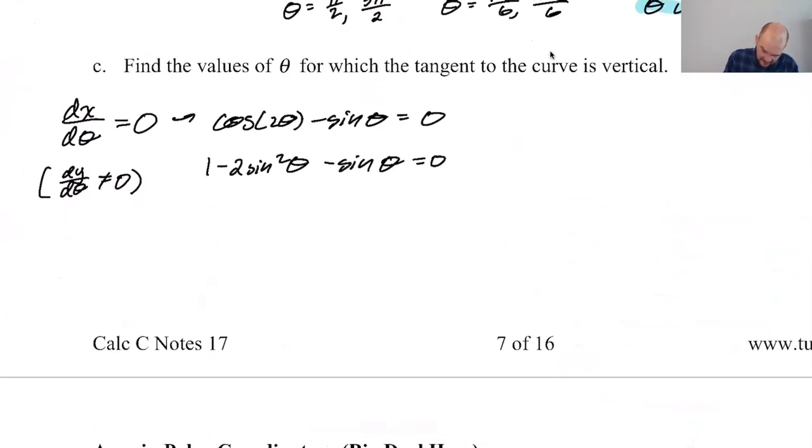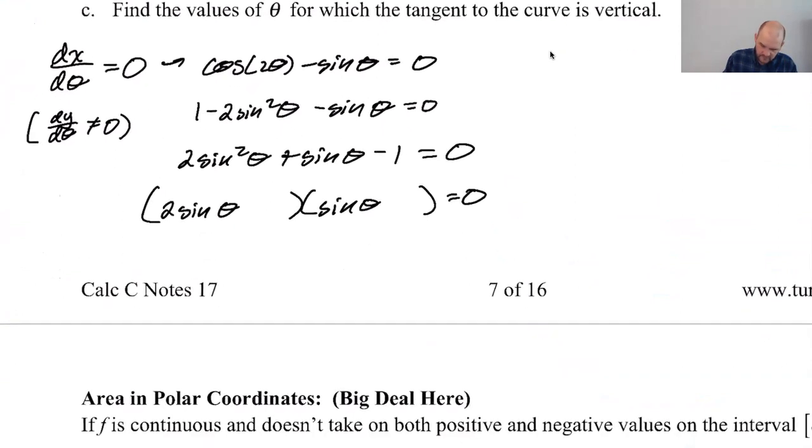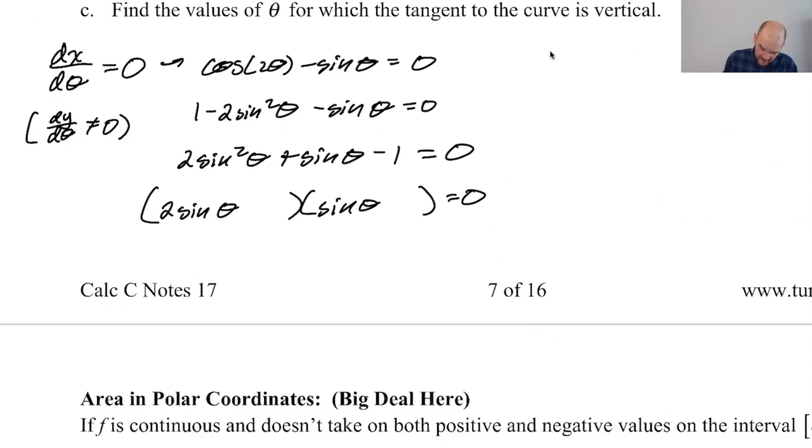Multiply through by a negative: 2 sine squared plus sine minus 1 equals 0. Factor it. 2 sine theta, sine theta. I just assume this will factor because you almost always get famous angles. So I'm going to put plus 1 here and minus 1 here. So I need sine of theta to be positive 1/2. That's interesting. And we need sine of theta to equal -1, which is 3 pi over 2.